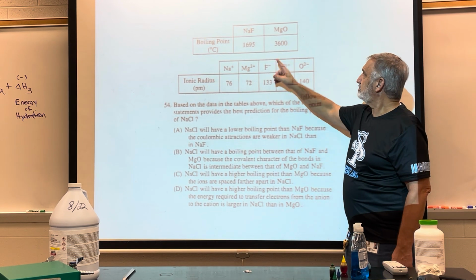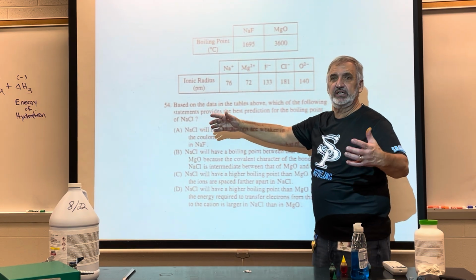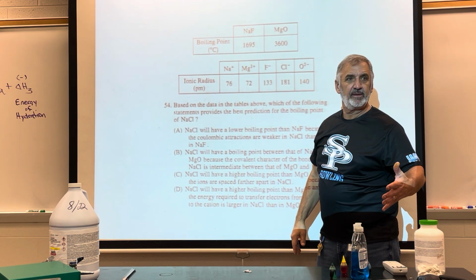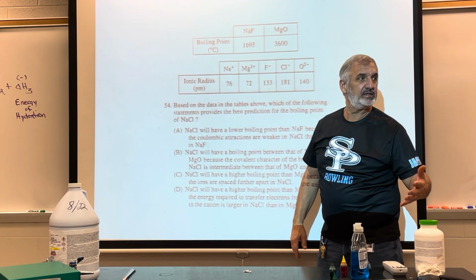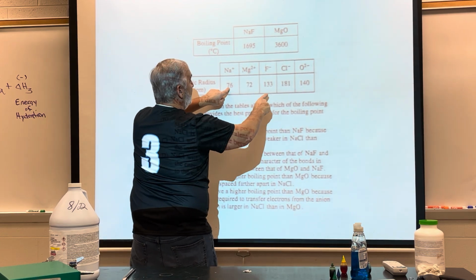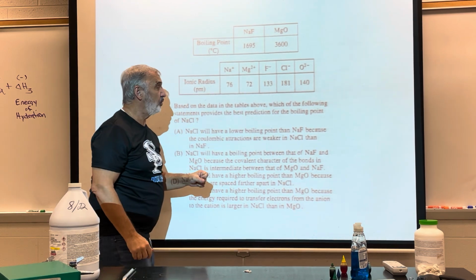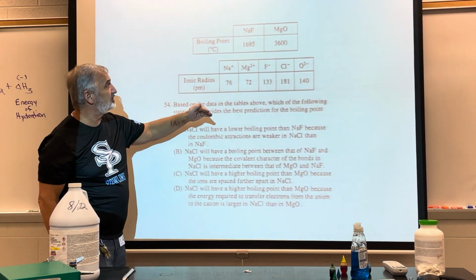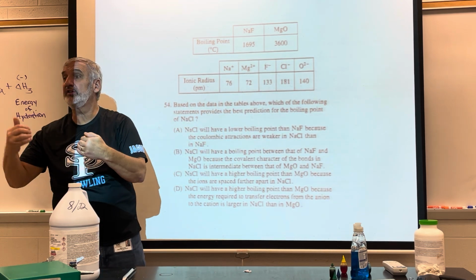Okay? And now I have to compare NaF to NaCl. So what's the deal with my product of my charges? They're the same. So now what do I look at? The ionic radius. So I'm going to compare Cl minus to F minus. If I want to know which one's going to be greater, the smaller or the larger?